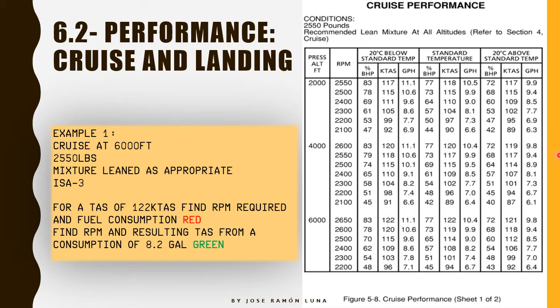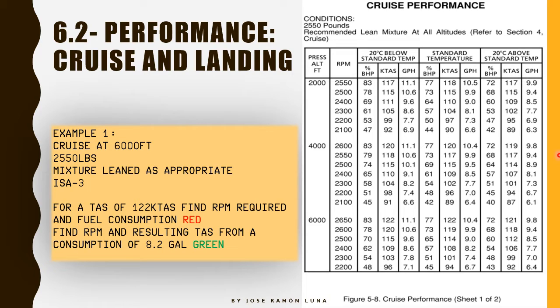In example number 1, you're doing a cruise at 6,000 feet, 2,550 pounds of weight. Mixture is leaned as appropriate. ISA minus 3 degrees.